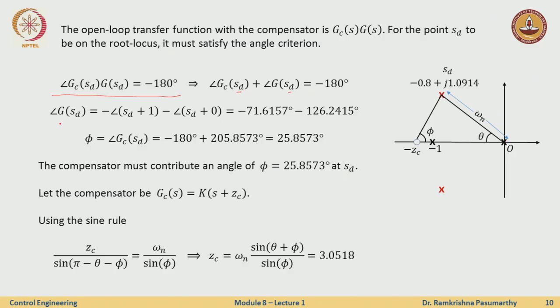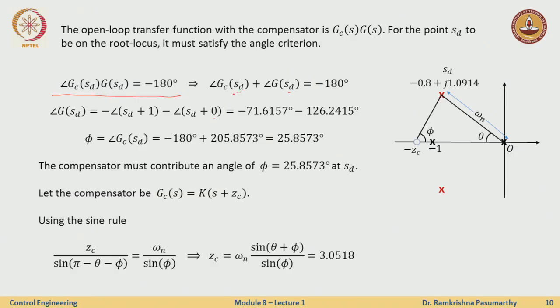Now, what is my plant? My plant has a pole at the origin and a pole at minus 1. So now I compute the angle contribution to s_d through each of these poles, the pole at 0 and the pole at minus 1, and I get a certain number.